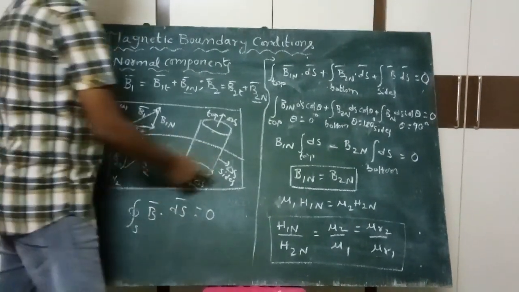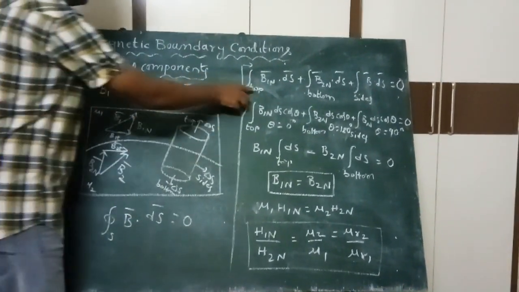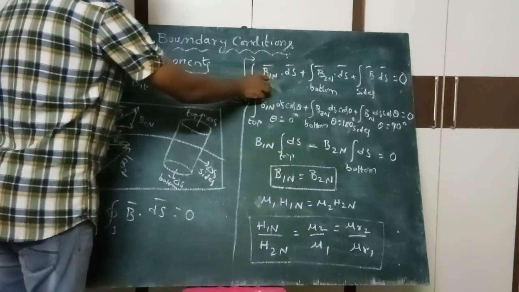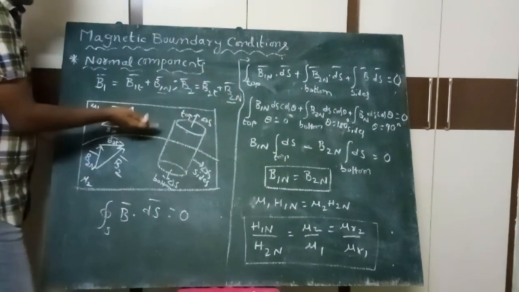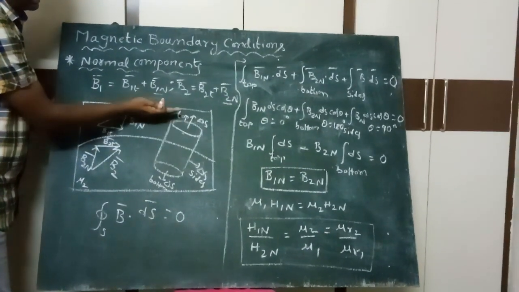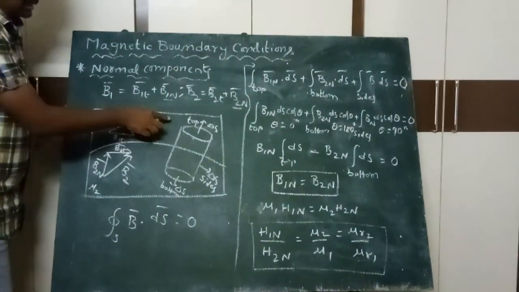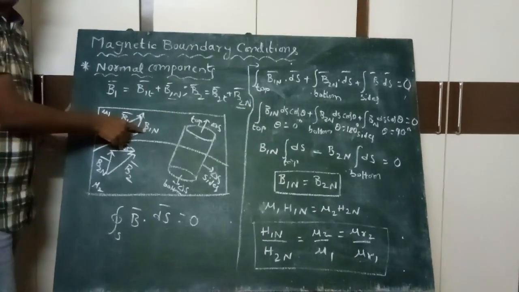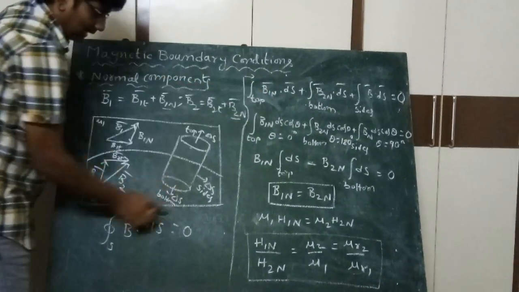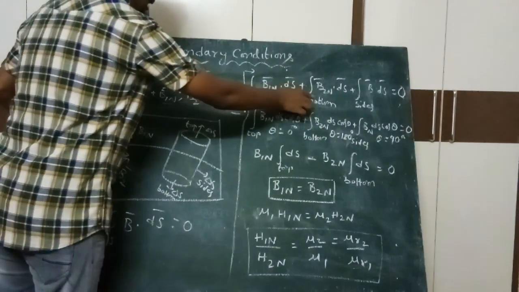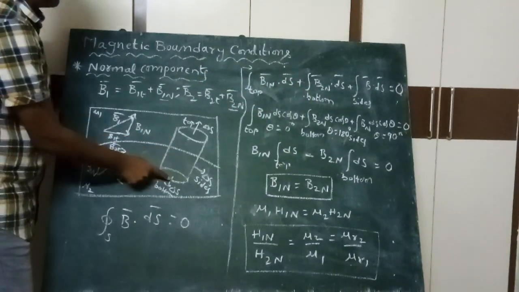So this can be written as integral over the top of B bar dot dS bar. Here we need to substitute B1n bar, because the top surface is in the first magnetic material. In the first magnetic material the normal component of magnetic flux density is B1n. So in place of B bar we substitute B1n dot dS bar, plus the second one, the bottom surface.